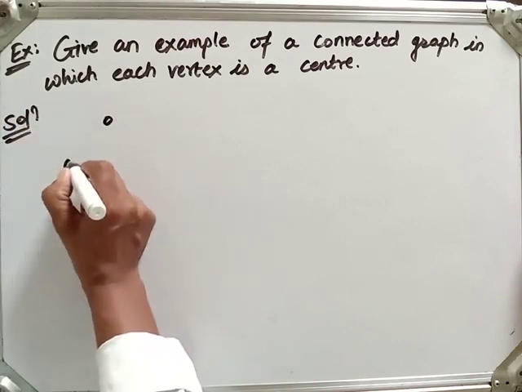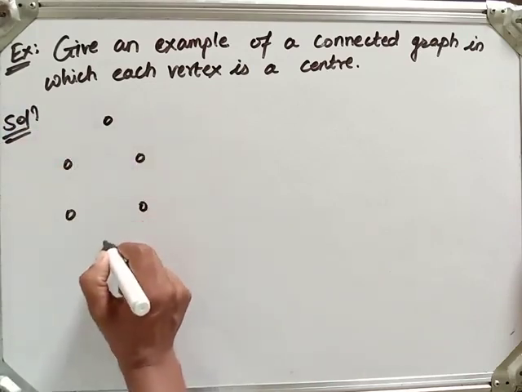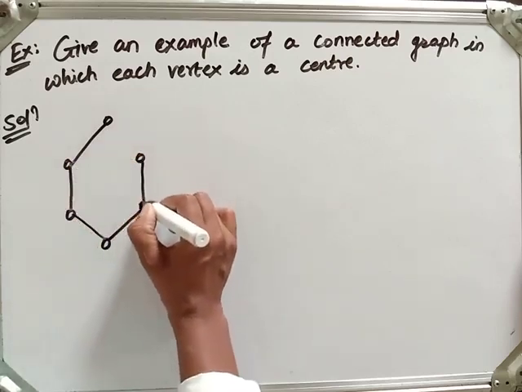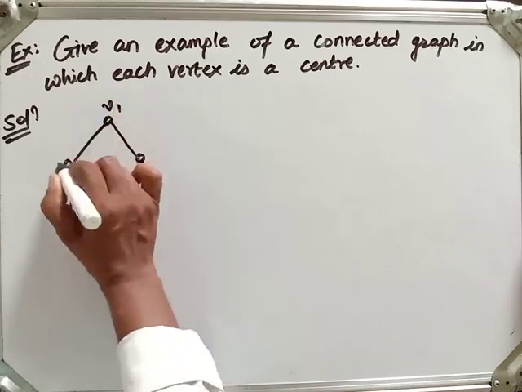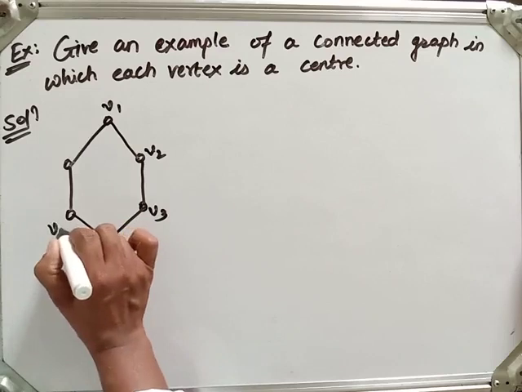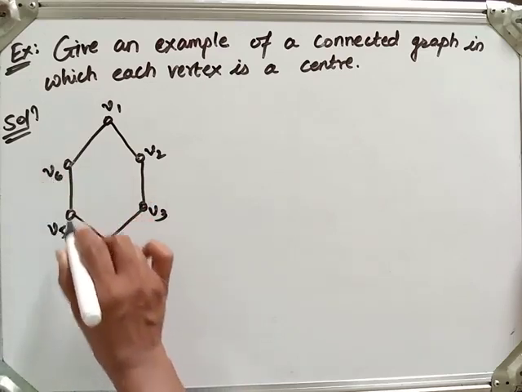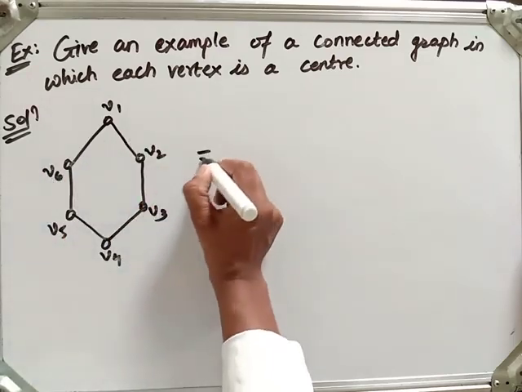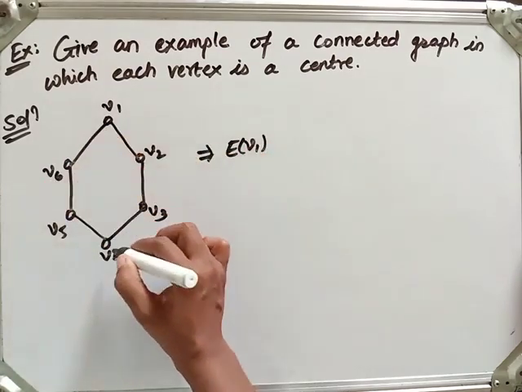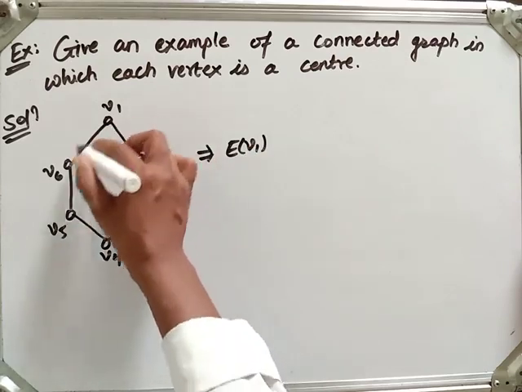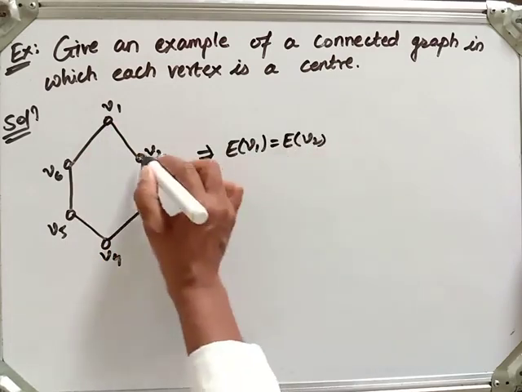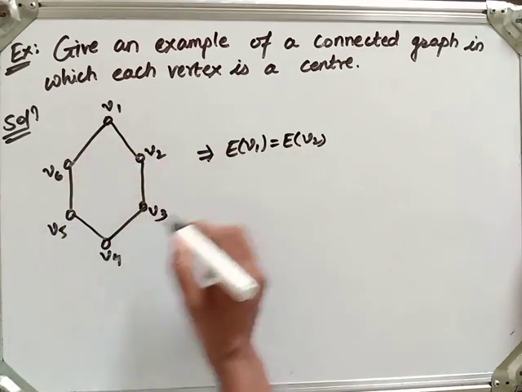That is a very simple thing. If I take this one, suppose the vertices are V1, V2, V3, V4, V5 and V6. If you look, eccentricity of V1, the maximum distance, is 3. Eccentricity of V2, again the maximum distance is 3, right?